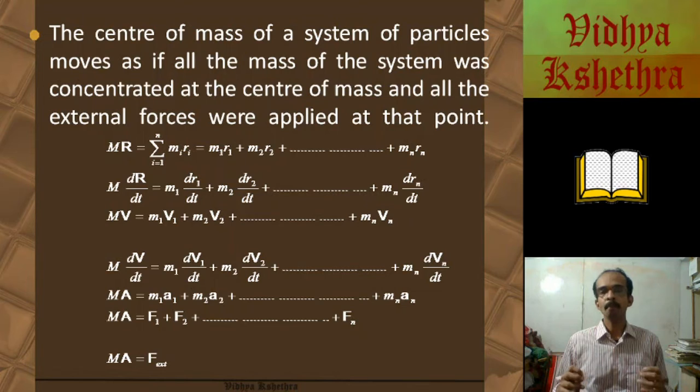Hence, M a is equal to m1 a1 plus m2 a2 plus etc. mn an. But by the second law of motion, we know that ma is equal to force. Hence, we can write m1 a1 is equal to F1, m2 a2 is equal to F2, etc. That is, M a is equal to F1 plus F2 plus etc. Fn.